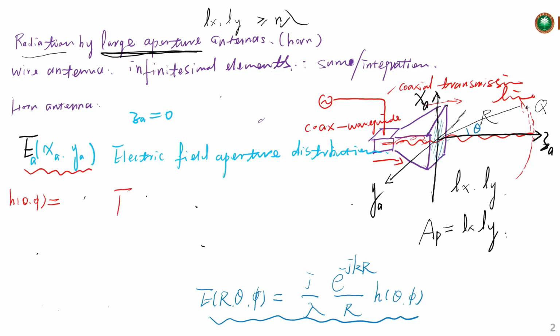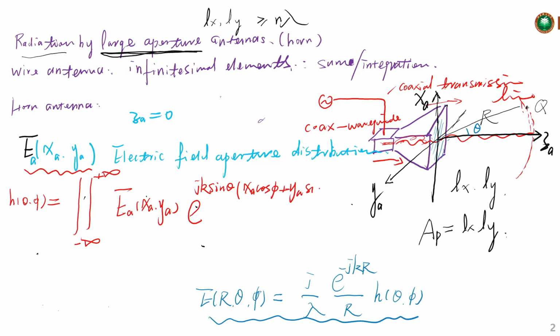It is expressed by the aperture field E_a(x_a, y_a), integrated over the whole aperture from minus infinity to positive infinity, and it also has an exponential part, with x_a times the phase term plus y_a times the phase term.